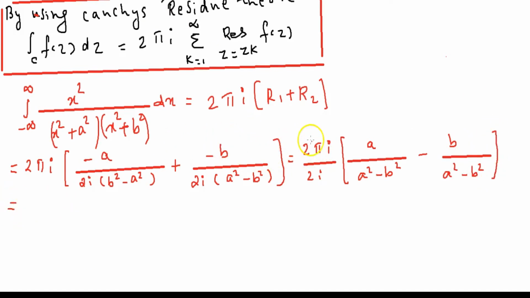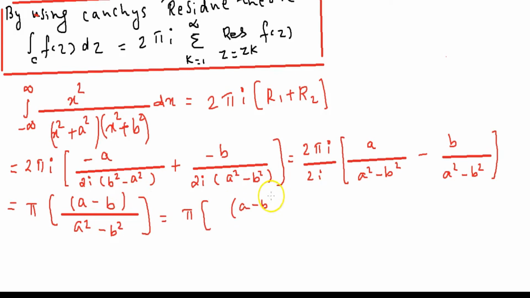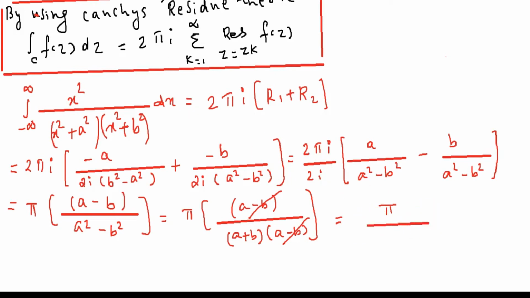Cancelling 2i from numerator and denominator and taking LCM, we get pi into a minus b by a square minus b square. Since a square minus b square is a plus b into a minus b, and cancelling a minus b from numerator and denominator, we get pi by a plus b.